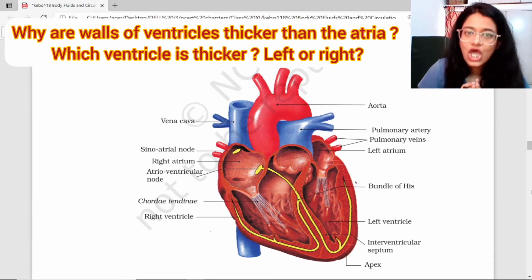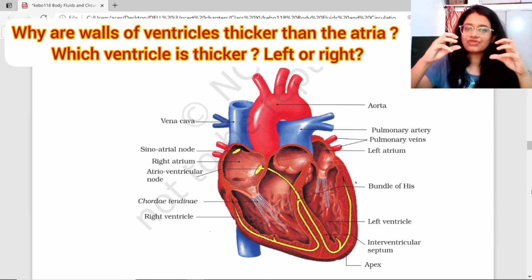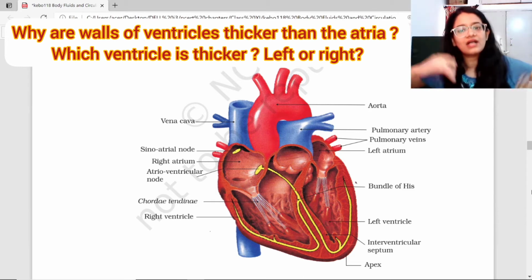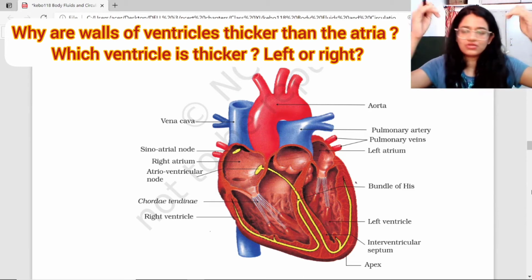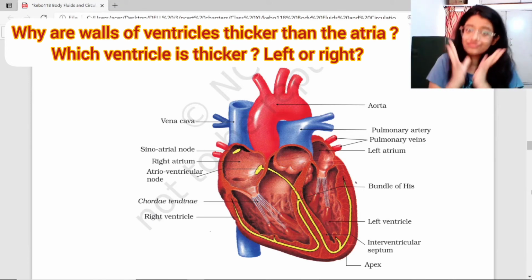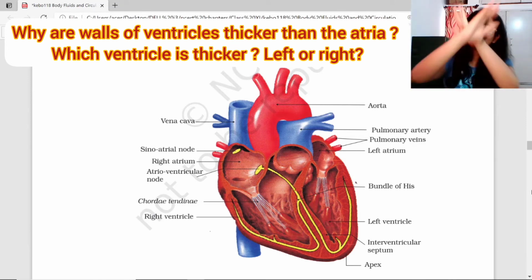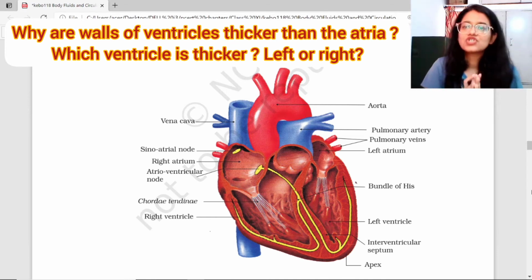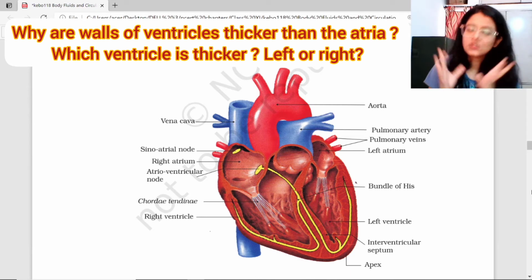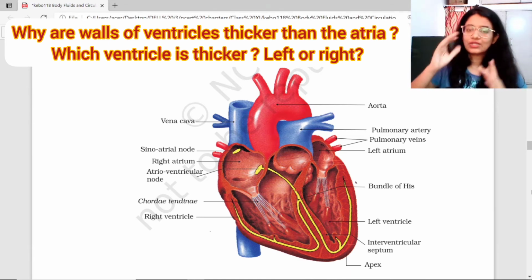So it requires a lot more effort compared to the atrium, because when blood comes from the atrium to the ventricles, it can just come normally since it is going with gravity. But when ventricles have to push the blood, they have to put a lot of pressure. Because of that, the ventricle walls are thick enough so that they can exert that much pressure, so that the blood can go above, right?